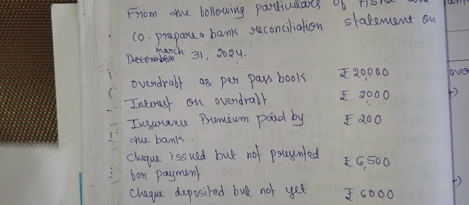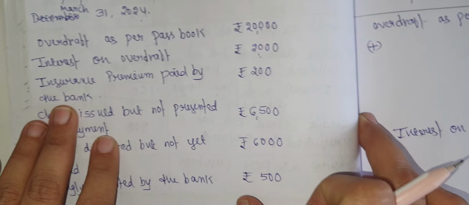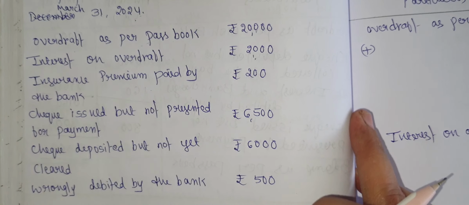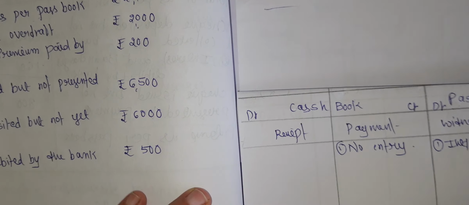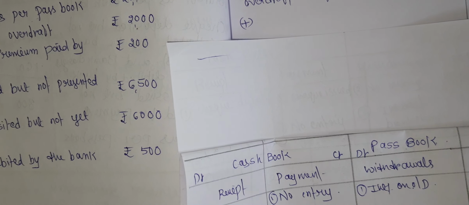Next one, second one is insurance premium paid by the bank, that is rupees 200. What is the first step? We need to record the transaction in the cash book as well as in the passbook.